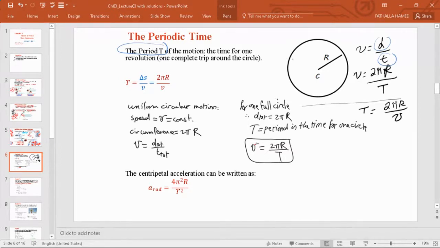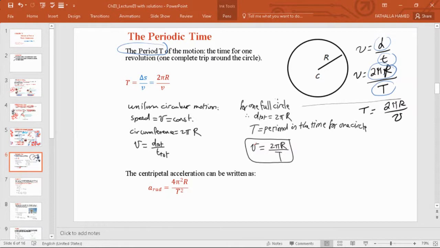Now, in the case of a circle, when you complete one full circle, you're going to look at the circumference, and the circumference of the circle is 2πr. And the time to complete one period, we'll use the symbol capital T here, meaning that you're completing one period.